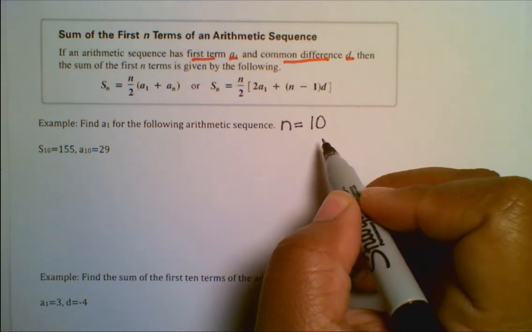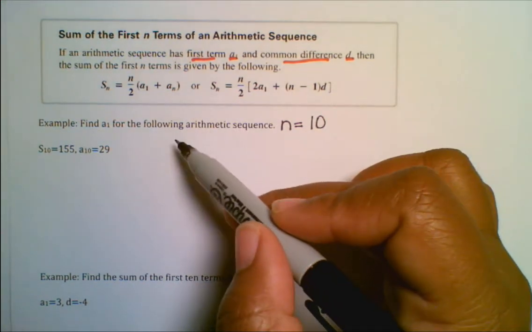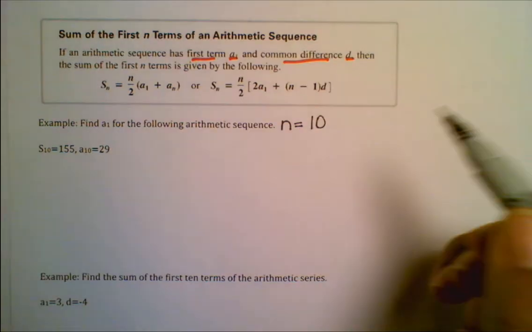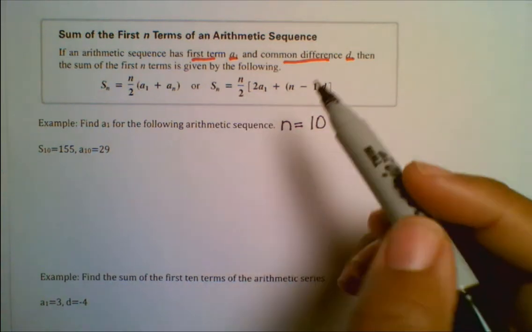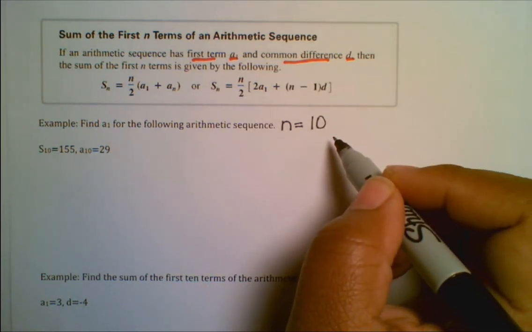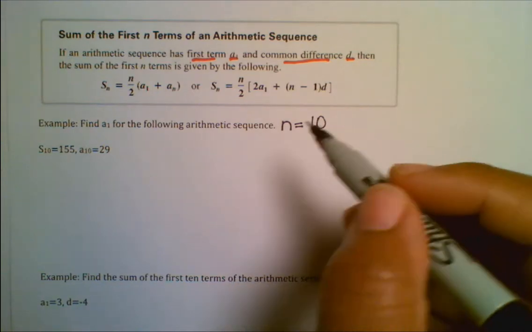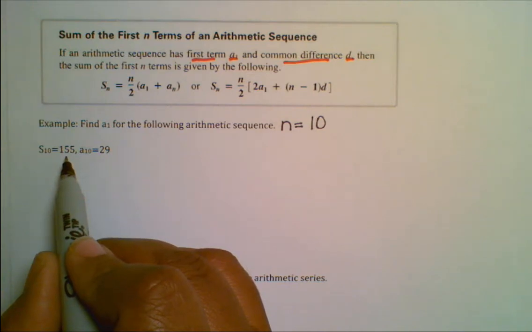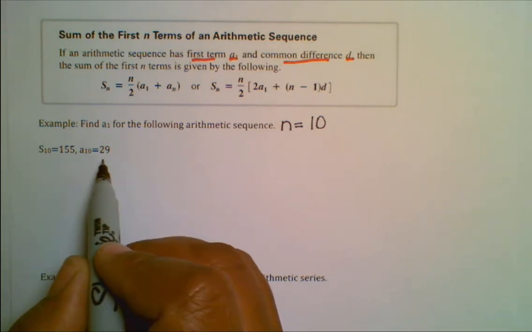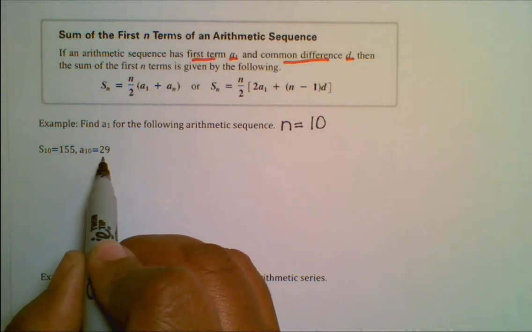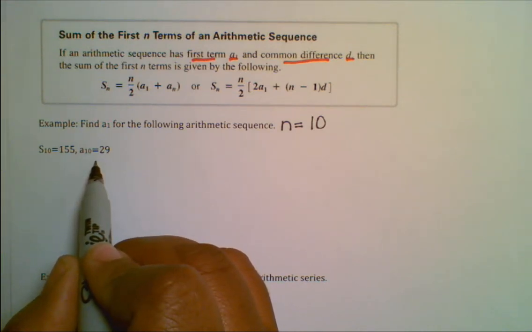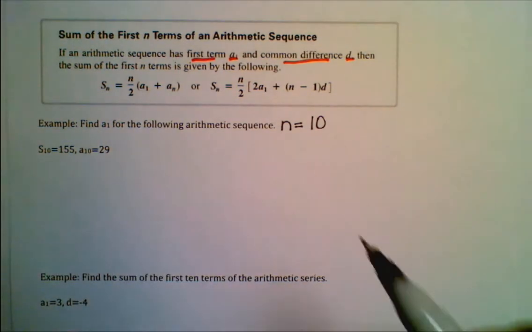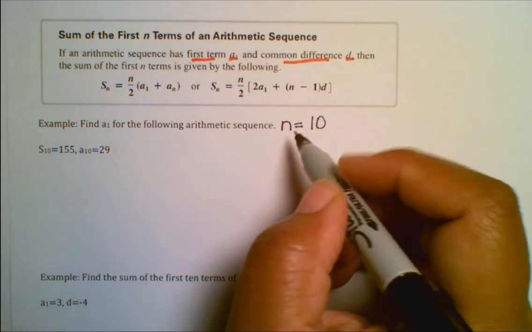And we do have the sum, but it's asking us to find the first term. So what else do we need? We're given n, we're given the sum, which is 155, and then we're given a sub 10, which is 29. Okay, so we have everything that we need.